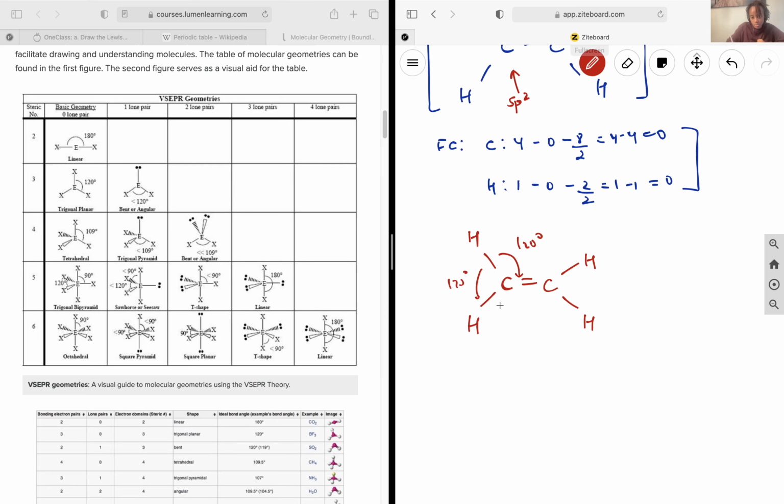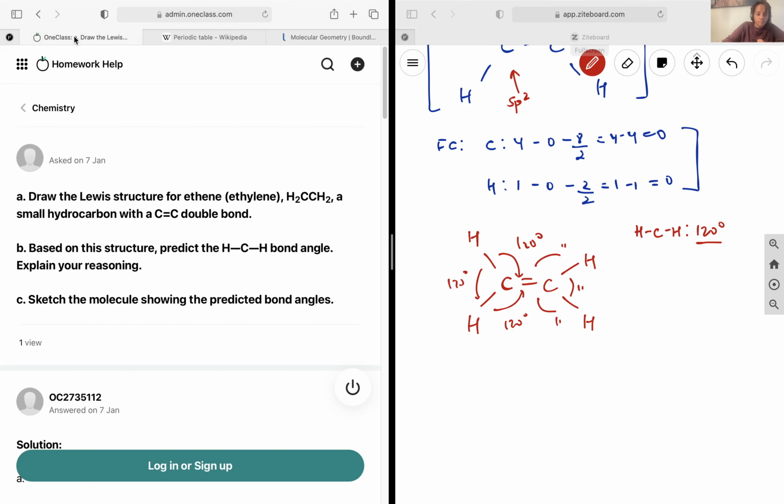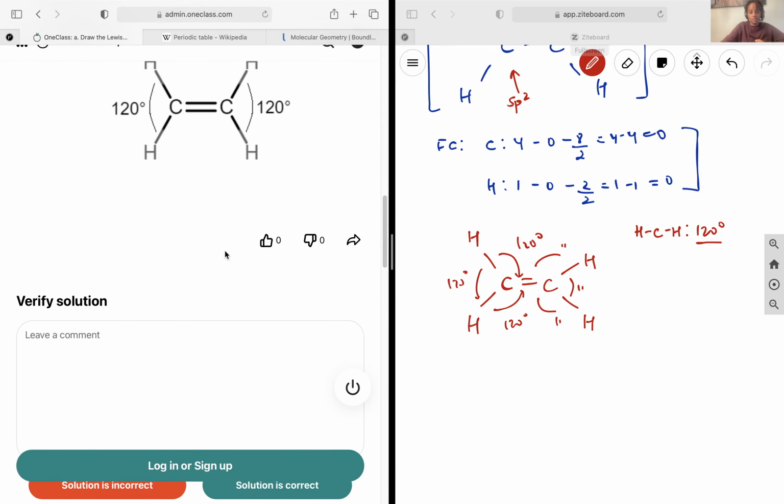This is going to be 120. And this is going to be 122. Similar on this side. Which means that the HCH bond angle is going to be 120 degrees. And then we want to sketch the molecule showing the predicted bond angles, which we have already done here. And that is it for this question.